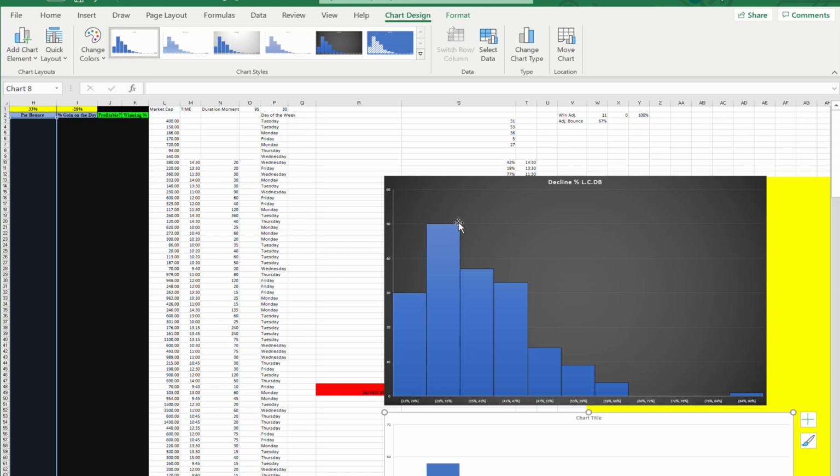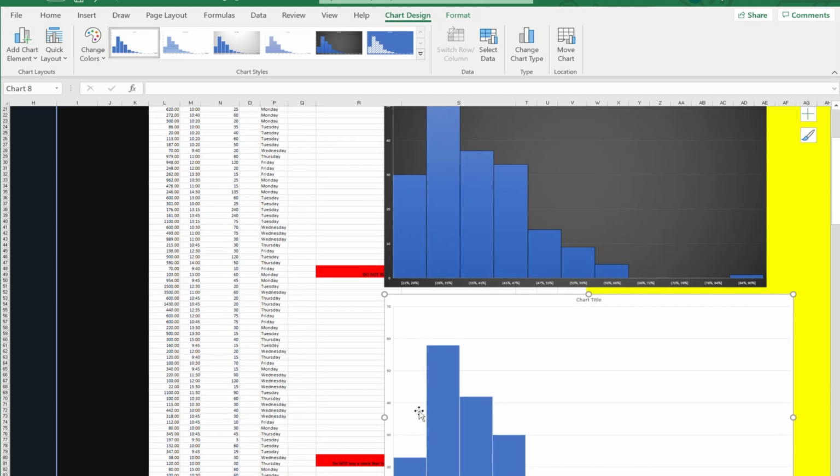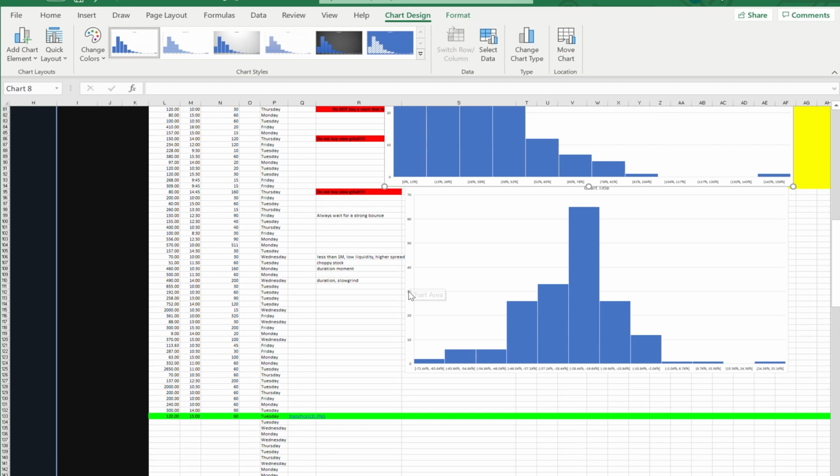And now my win rate with microfloats is like 97%. Every time I trade microfloat, I win. And that's thanks to these histograms that I came up with to visualize and see the data. So it's very powerful. Excel is powerful, statistics is powerful, histograms are powerful, and you're powerful too.